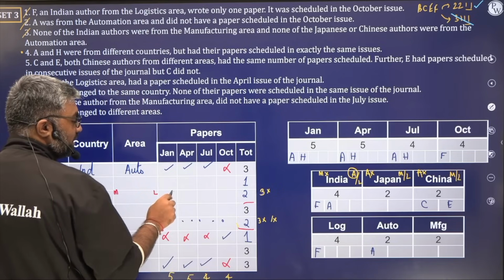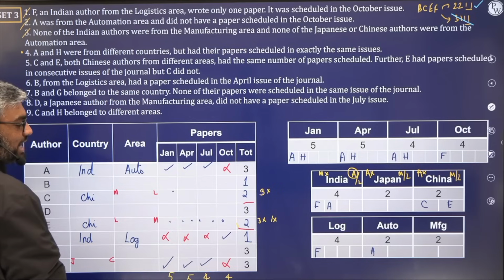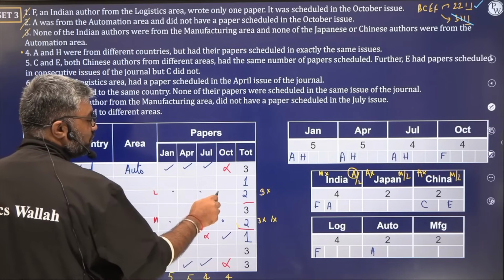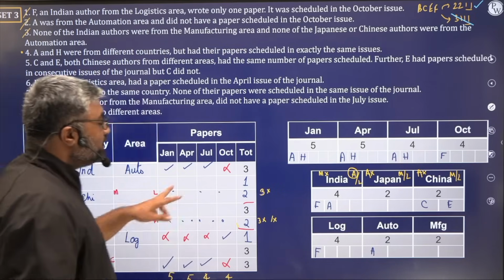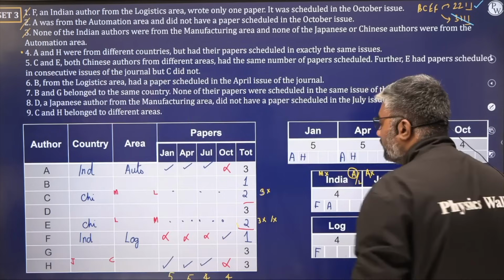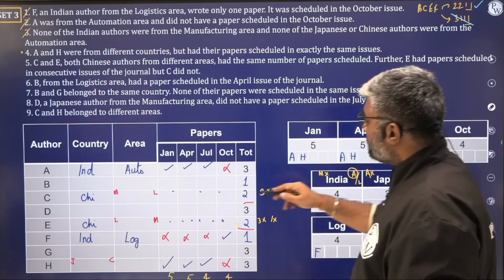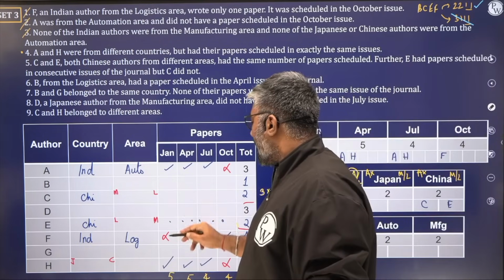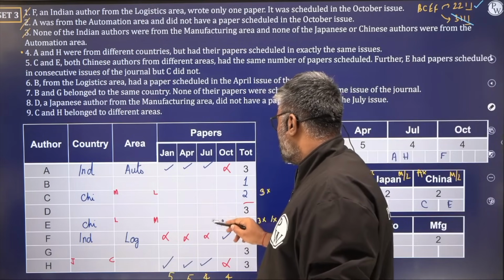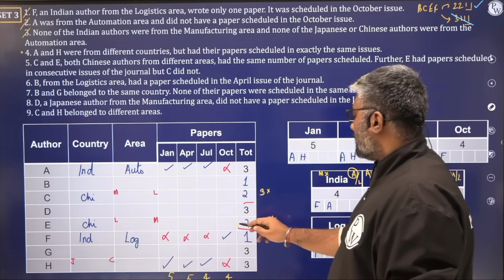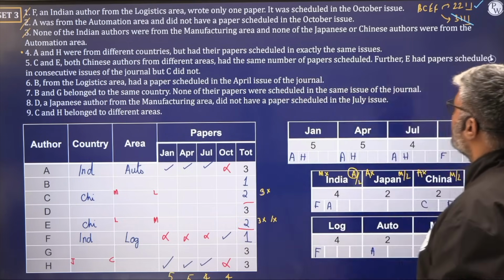If let's say अगर C का जैन में है तो अप्रैल में नहीं, जुलाई में हो सकता है या फिर अक्टूबर में हो सकता है. When you put these two together, what do you see? There is only one such case possible जहां पे same number of papers होने चाहिए and consecutive होने चाहिए. Yes, एक के consecutive होने चाहिए, दूसरे का non consecutive होने चाहिए, right?